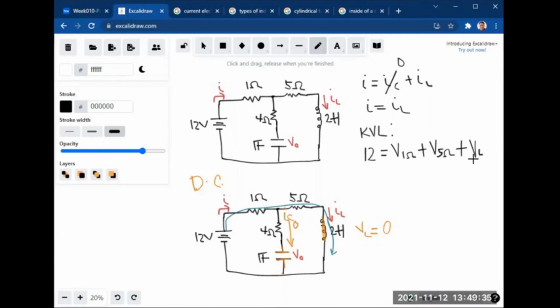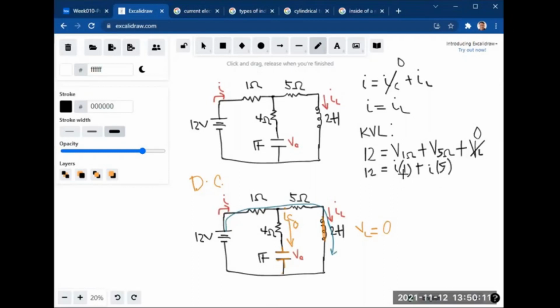But since this is DC, the voltage of the inductor is 0. The voltage at the 1 ohm resistor is IR, so I times 1 ohm, plus I times 5 ohms.